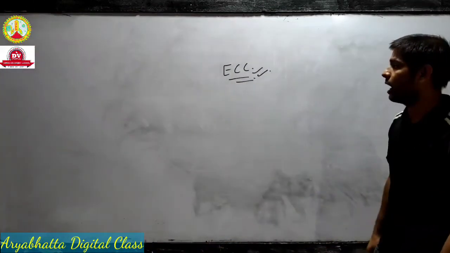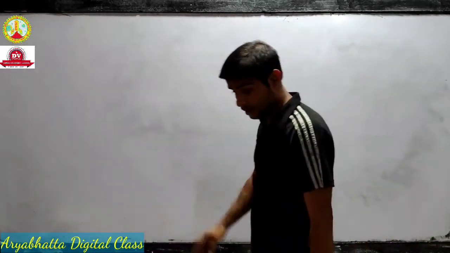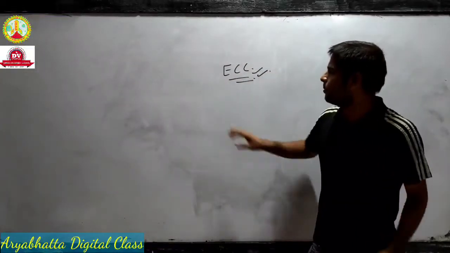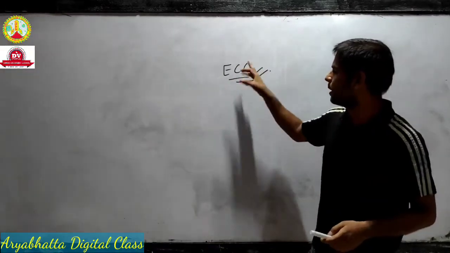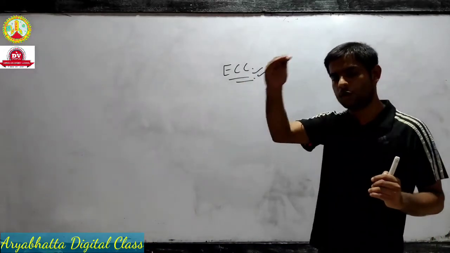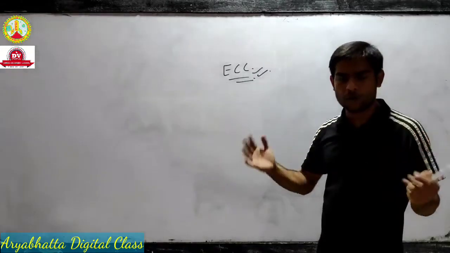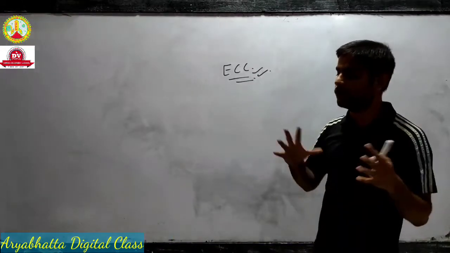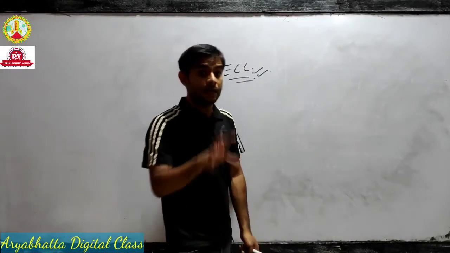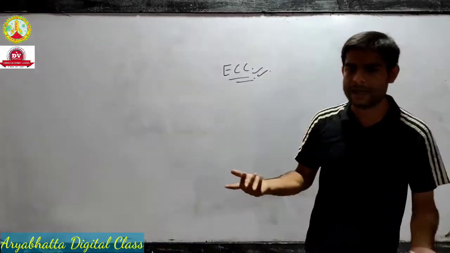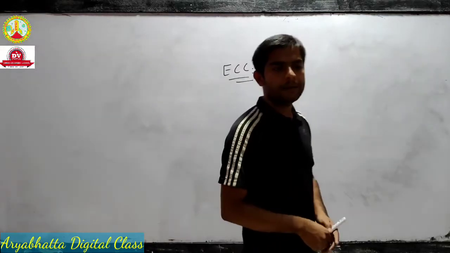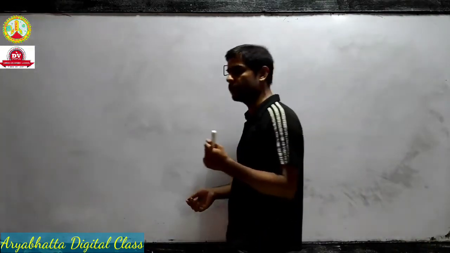I asked you to comment on how many atoms there are per unit cell in end-centered. Now this time I want you to calculate the packing efficiency of end-centered. Same formula: packing efficiency is volume occupied divided by the volume of unit cell. So volume of unit cell will remain the same, A cube. Volume occupied will be volume of one atom, that means 4 by 3 pi r cube, times the number of atoms per unit cell, and you can easily find that for end-centered, the number of atoms per unit cell is 2.